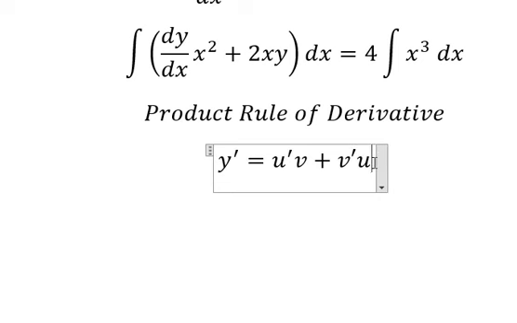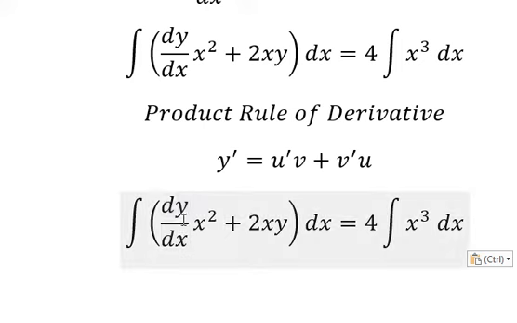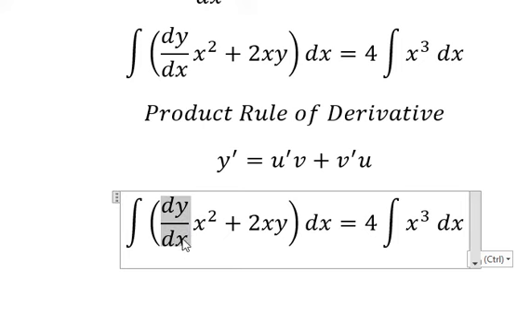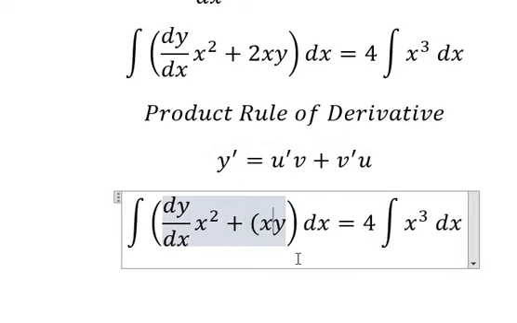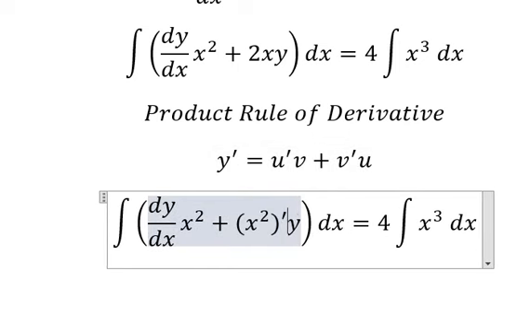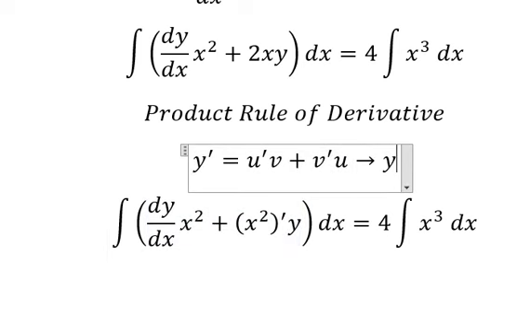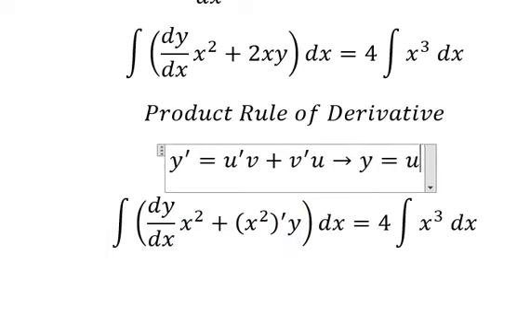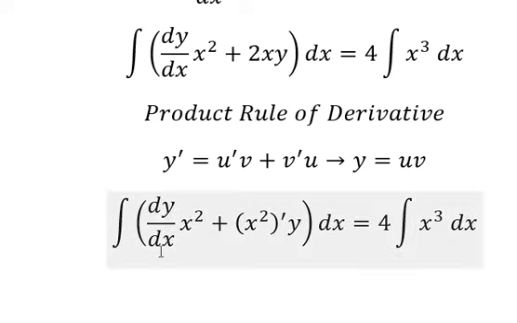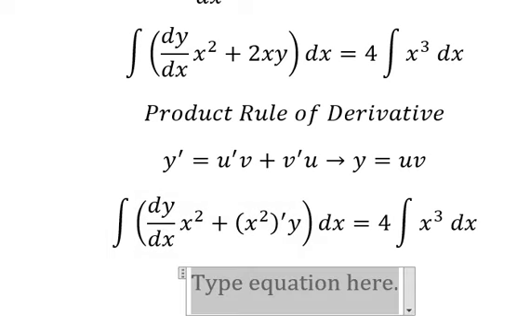So if we look carefully at this one, this is the first derivative of u multiplied by v. This one is the first derivative of v, that's s squared in here, multiplied by u. So if we do this integration, we have y equals uv. That means the integration of this one, we have ys squared.